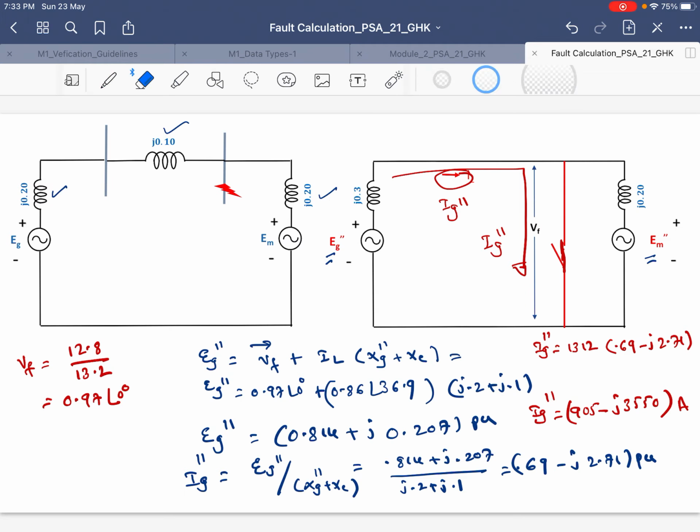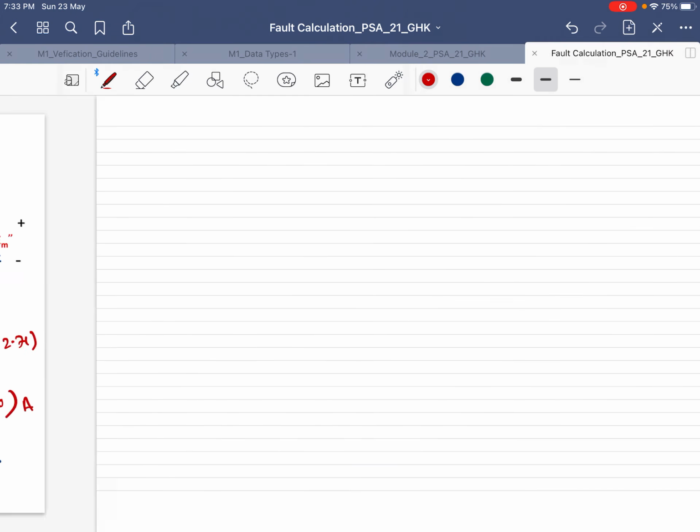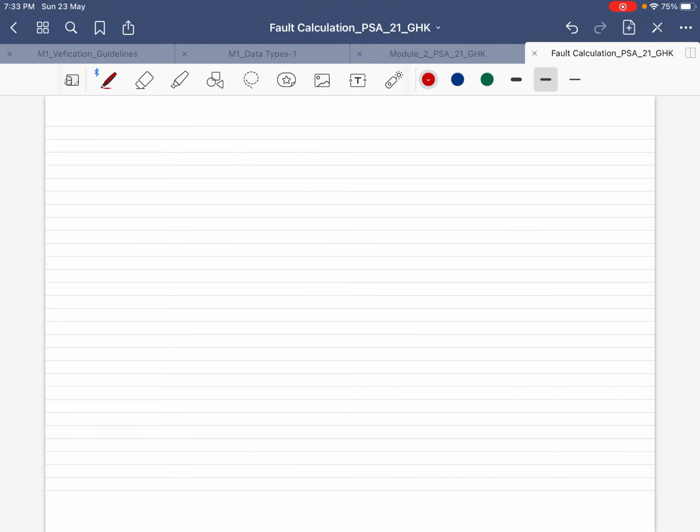Now the same calculation is extended for the motor. I am drawing here once again a network. Here we have the two reactances put together, that is 0.3.